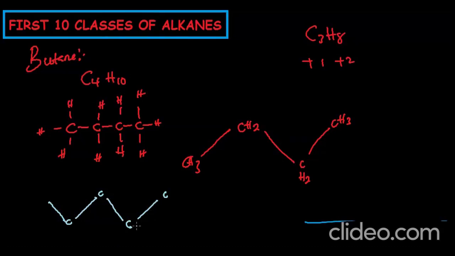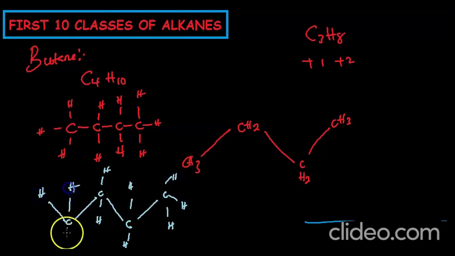So this is going to be 1, 2, 3, 4. This is going to be 5, 6, 7. It is going to be 8, 9, and 10. And this is also butane. You can choose to do it this way, 1, 2, 3, and this is also butane.